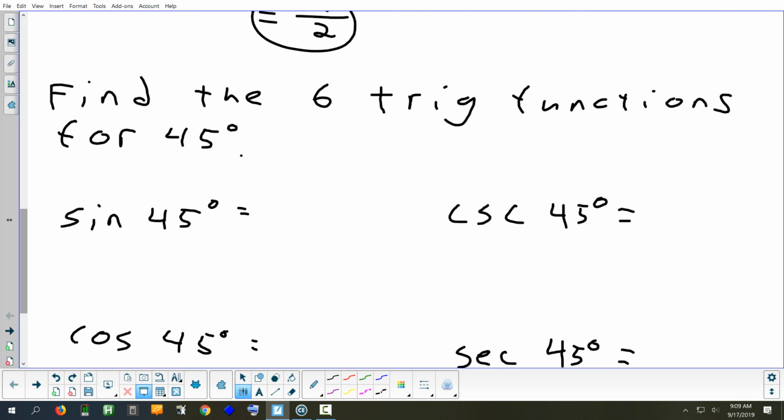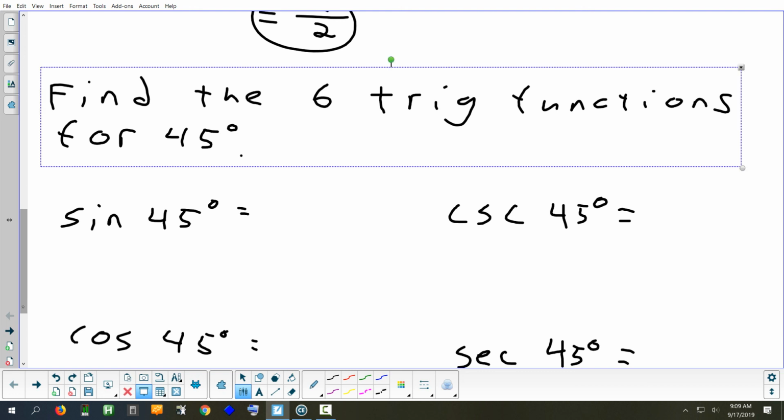But in order for me to do unit circle trig, what do I have to know? I have to have the coordinate. Can't do this unless I have the coordinate. So Anthony, what's the coordinate that goes with this angle? Square root of 2 over 2. Yeah, square root of 2 over 2.